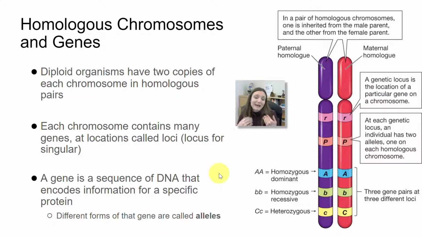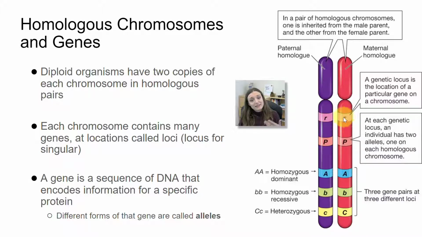So each chromosome has the same type of information. So let's say these are both chromosome number 1. This is chromosome number 1 pair. You got this chromosome number 1 from your father, this chromosome number 1 from your mother. They have the same basic type of information. They're going to have genes for, let's say maybe this R gene is if you can digest dairy or not, right? If you can break down lactose.